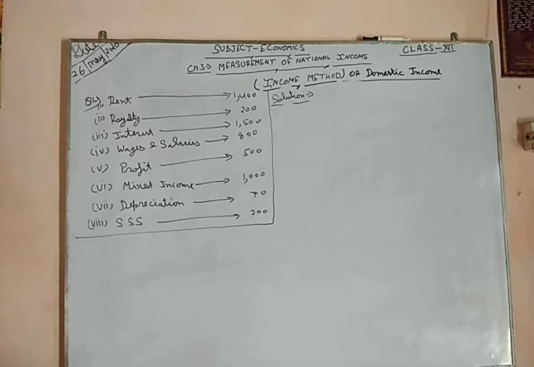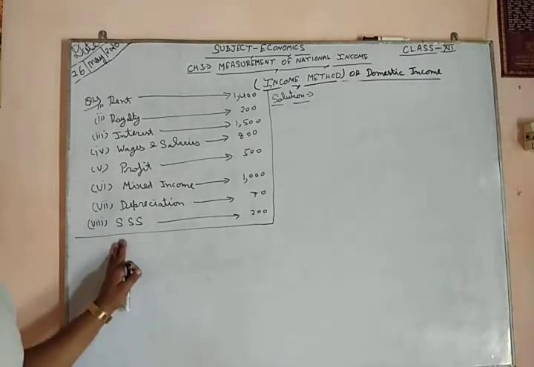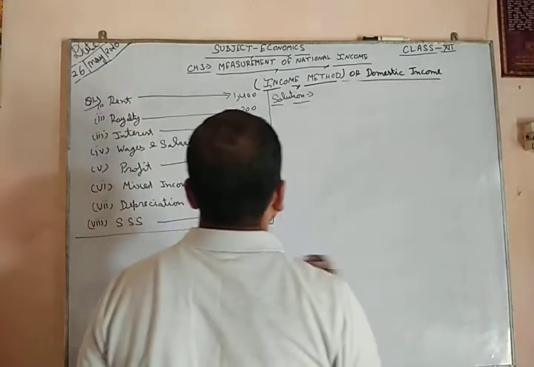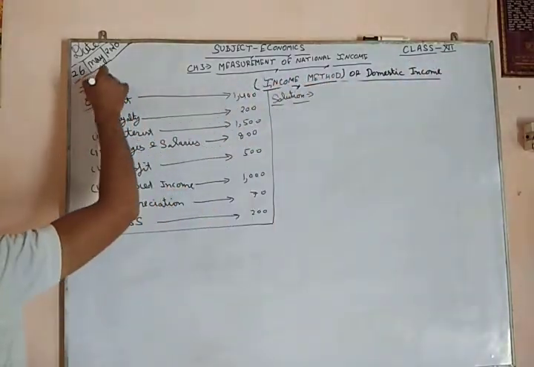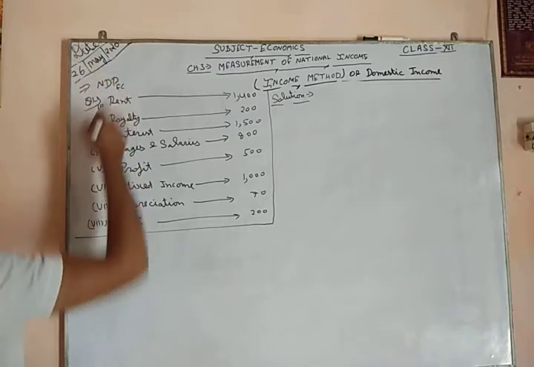So we have rent 1400, royalty 200 crore, interest 1500, wages and salary 800, profit 500, mixed income 1000, depreciation 70, and employees' contribution to social security scheme, SSS, is 200. And by the help of this method we have to calculate NDPFC, net domestic product at factor cost.